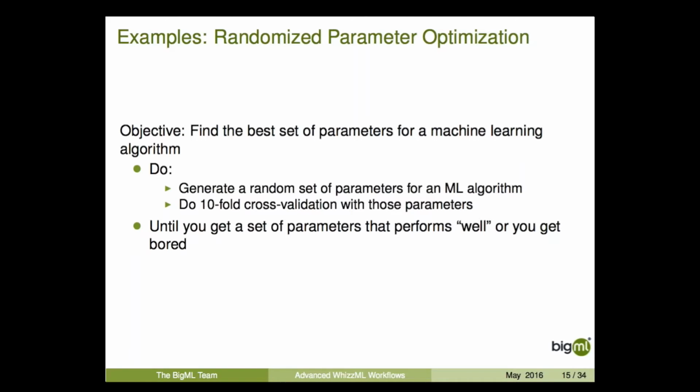But also, if you only have the time or resources to try one or two random sets of parameters, you can do that as well. The algorithm obviously won't give you as good of a solution, but it's nice to have an anytime solution in that sense, where regardless of how many random candidates you try, you're bound to get at least one that will give you an answer, provided you try at least one.